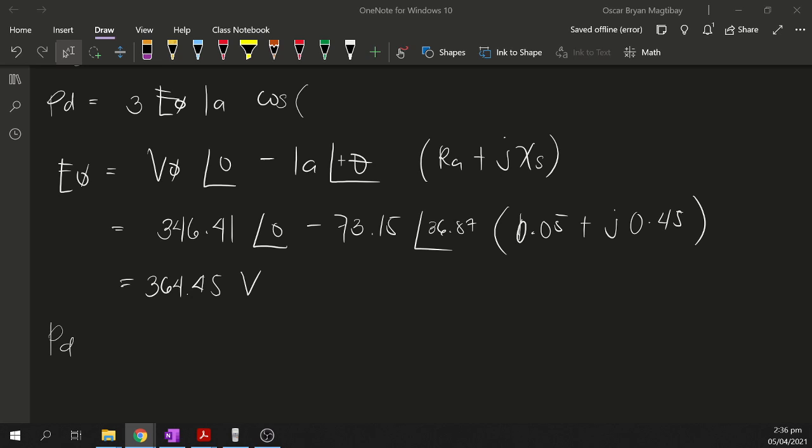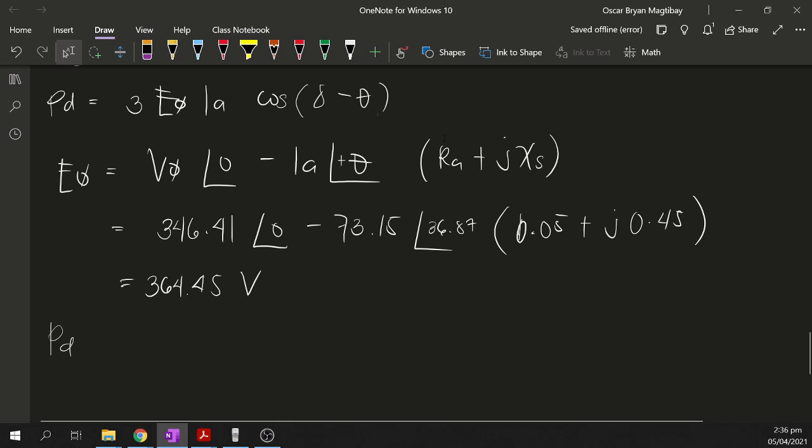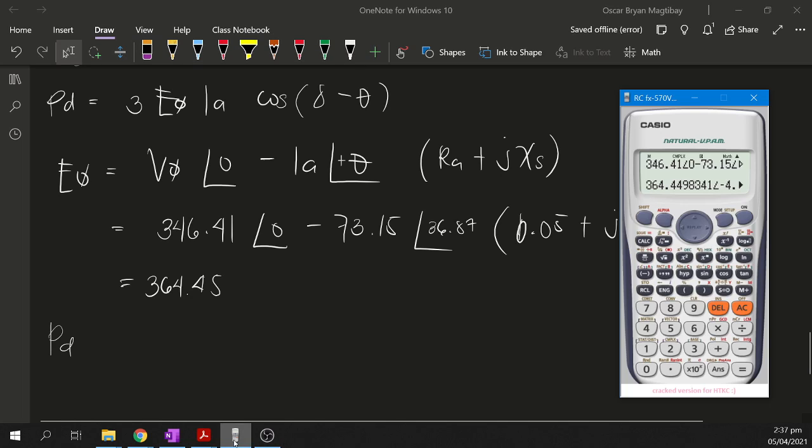So this is E phase. So this would be cosine sigma minus theta. Ito dapat yan: 3-phase IA cosine sigma minus theta. Let us see. Kailangan pala natin ng angle dito.